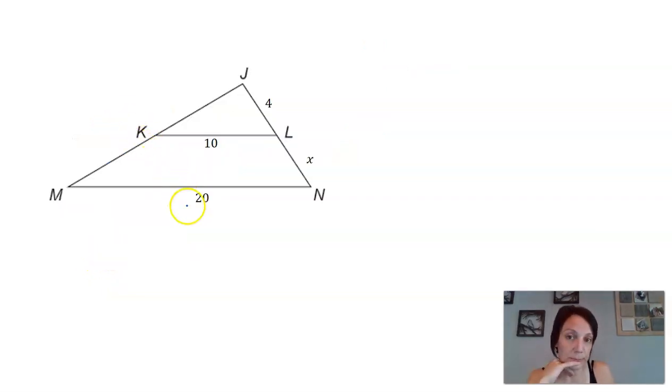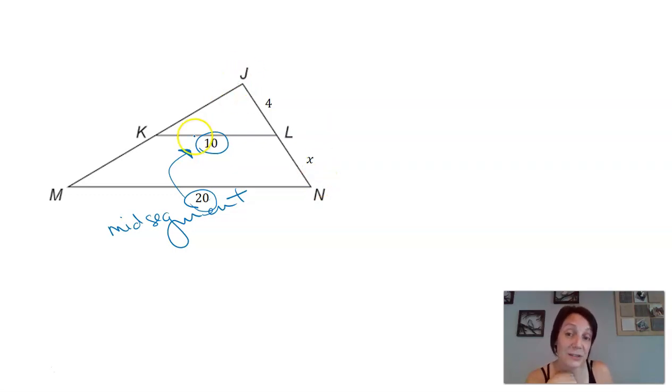Okay, here's another one. Again, they're not marked parallel. But look at the numbers they gave us. This is 10 and this is 20. If this is half of this, midsegment. So, and again, if I have a midsegment, then I know my midsegment is cutting my sides in half.